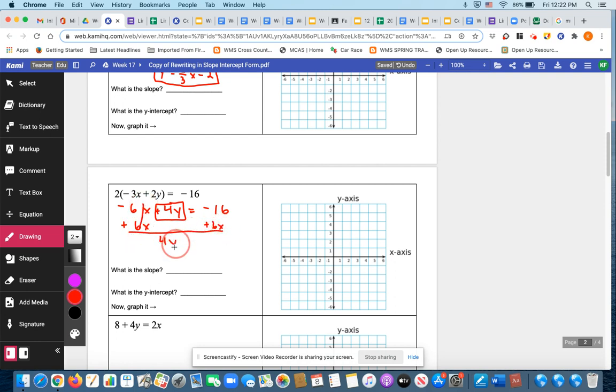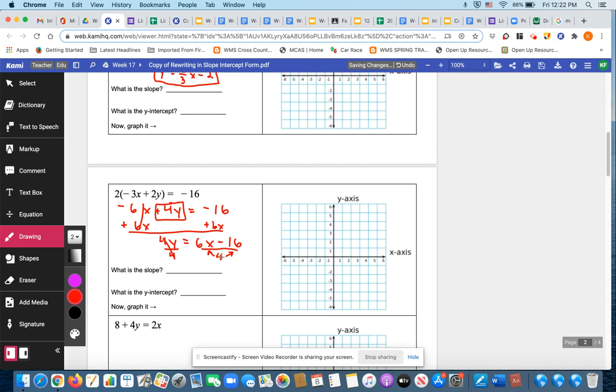I'm left with a 4y is equal to positive 6x minus 16. It is almost in slope-intercept form. The y is being multiplied by 4, so to undo that, I divide both sides by 4. And just like every other example, the division by 4 goes to both terms.